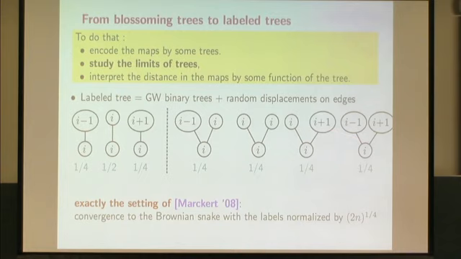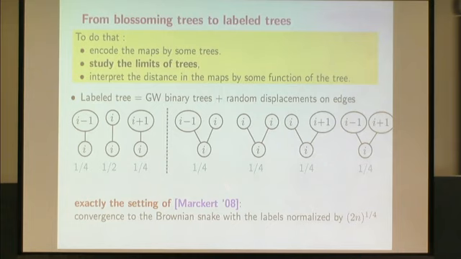So this is a fairly standard setting. The only thing which is a bit annoying here to prove the convergence to the Brownian snake is that the left child always gets a label which is less than the right child. And usually we like things to be identically distributed among children, which is not the case here.